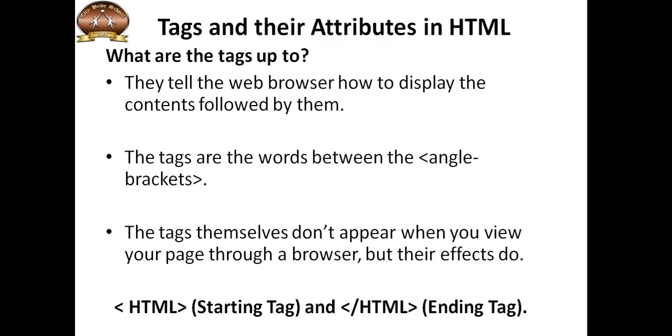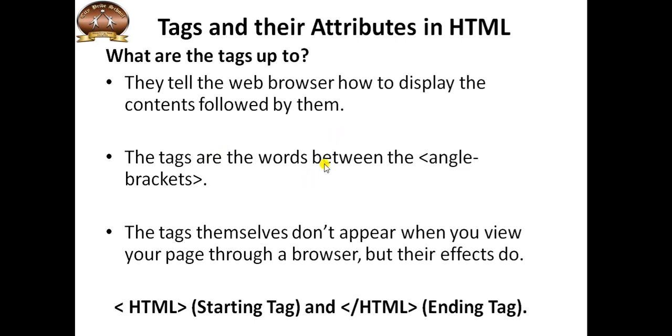As I have told, it's a markup language, so there are some standard tags. What are these HTML tags? What do they do? These tags tell the web browser how to display the content followed by them.